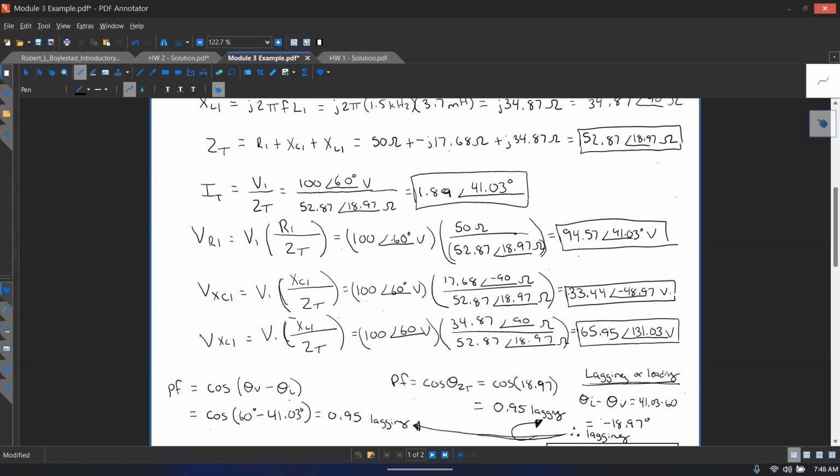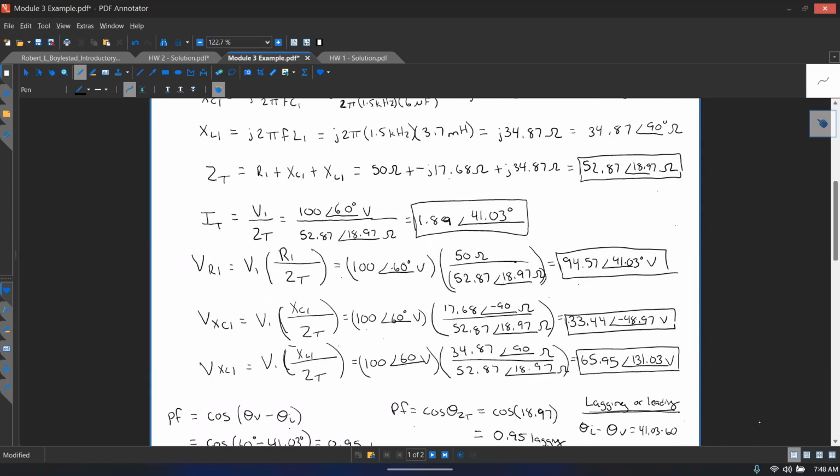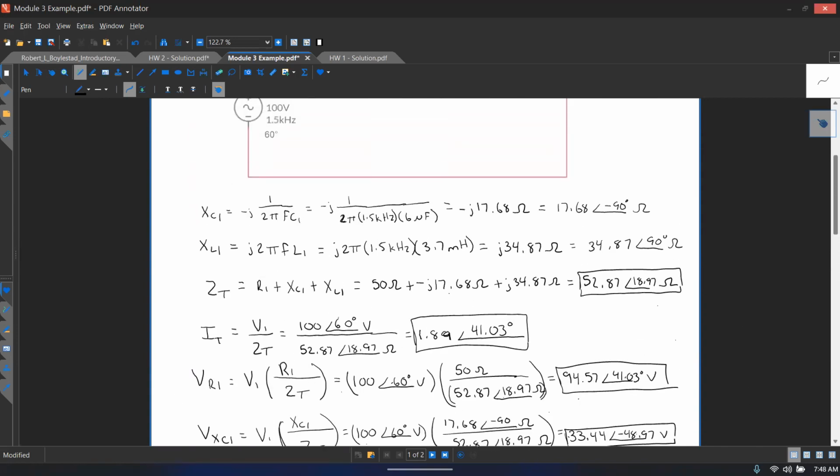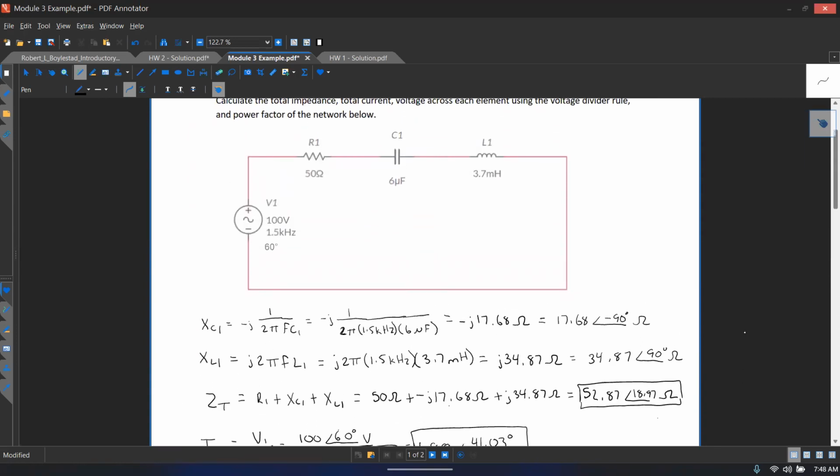And the same thing for your inductor: you get 65.95 with an angle of 131.03.